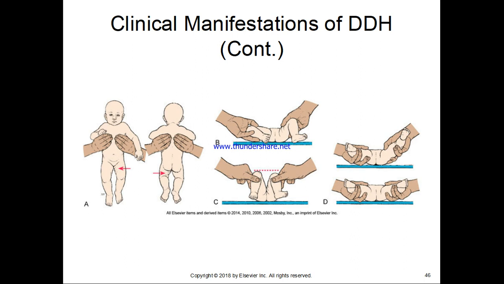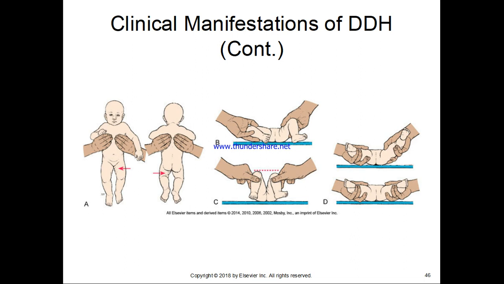So Ortolani and Barlow maneuvers, by way of review here. On the far right, item D is the Ortolani maneuver, where when you adduct the hip in a frog leg position, it feels very loose.